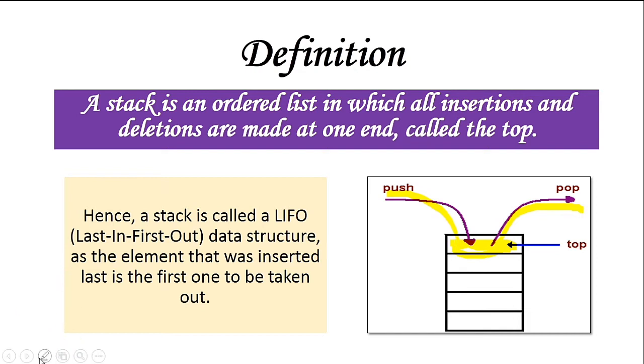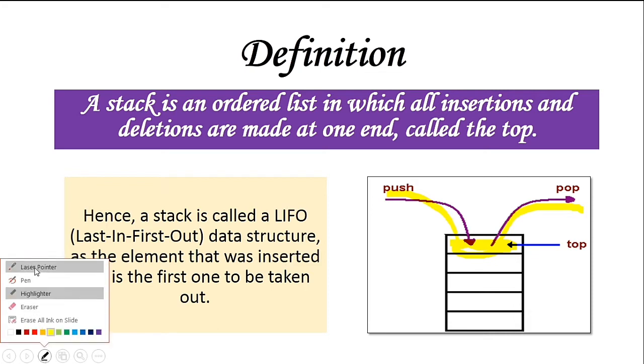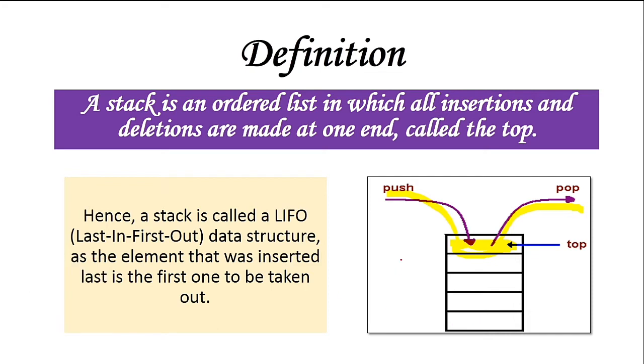So for example, if I am going to insert 10 initially, that will be inserted over here because initially top will be pointing to -1. Later when you want to insert the element, you are going to increment the top by 1. Okay, so top will be pointing to this position now.